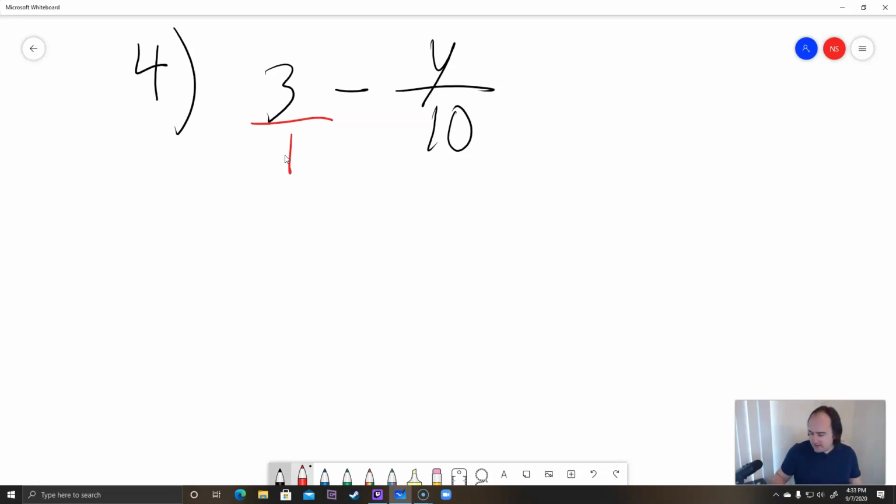And then this one, again, it's easy enough. We probably don't need to find the LCD, because here we have a 1, there we have a 10. So what are we missing here? Well, we want it to have the same denominator, so what do we multiply this by? We multiply the first fraction by 10 on the top and the bottom.